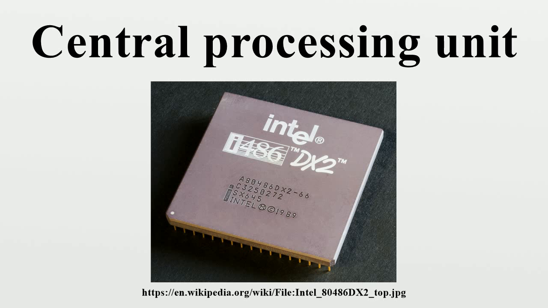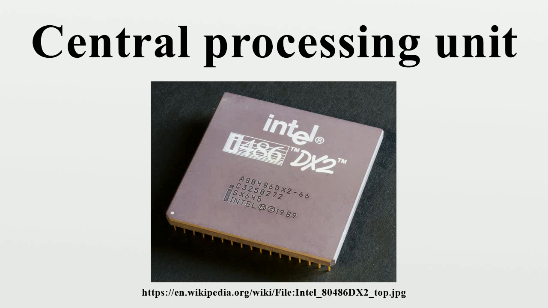Mainframe and minicomputer manufacturers of the time launched proprietary IC development programs to upgrade their older computer architectures, and eventually produced instruction-set-compatible microprocessors that were backward-compatible with their older hardware and software.